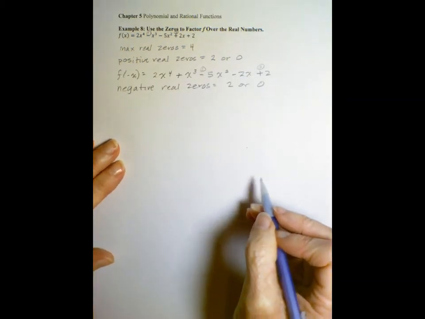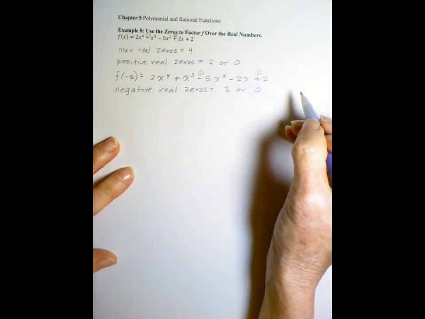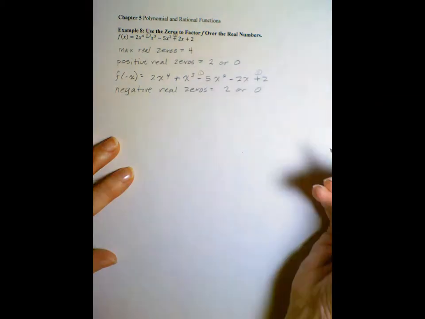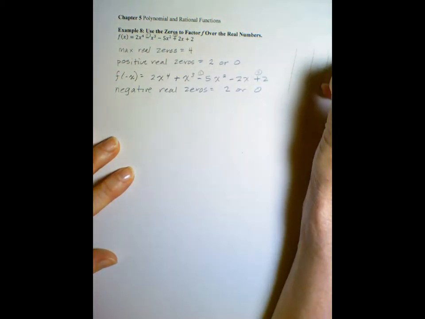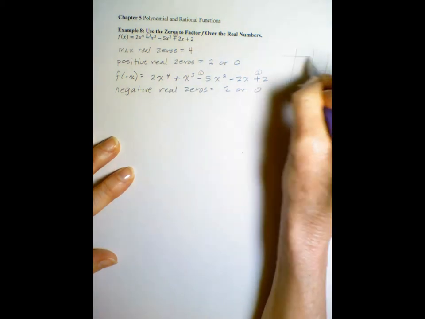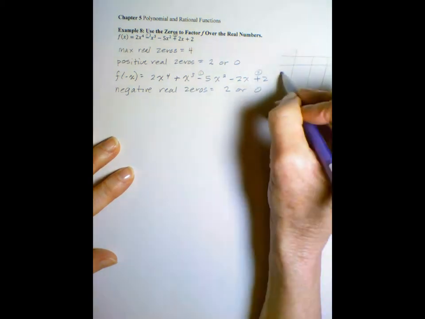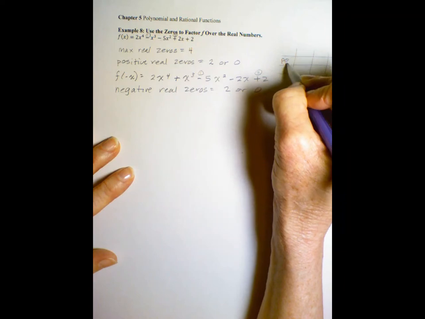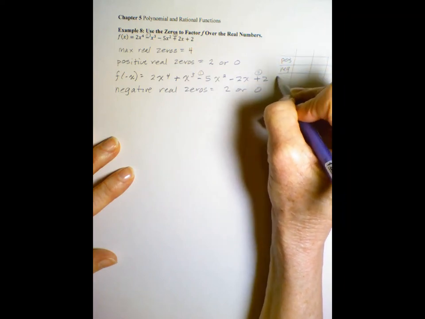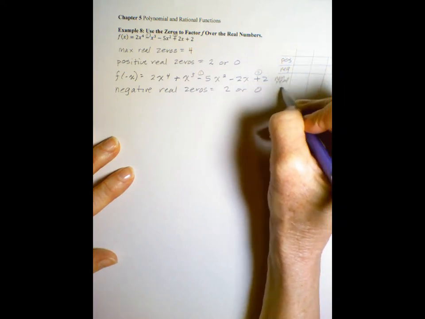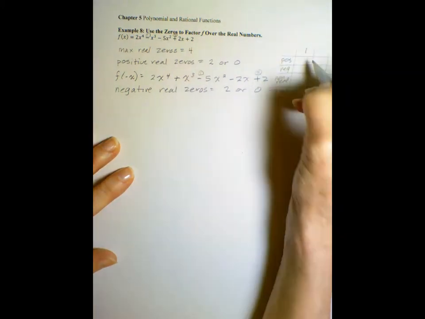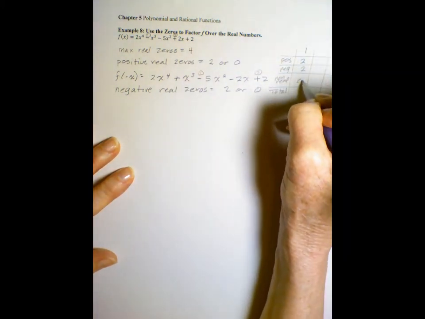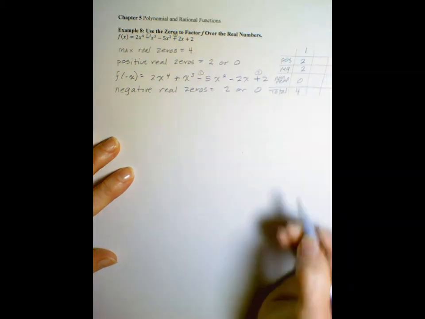Okay, so we could take a minute and analyze what the different scenarios are for zeros. Let's make a little table. You don't have to do this every time, but I just think it's a nice way to illustrate. We have positives, negatives, non-real, and then of course our total. One scenario is 2 positives, 2 negatives, no non-reals for a total of 4.